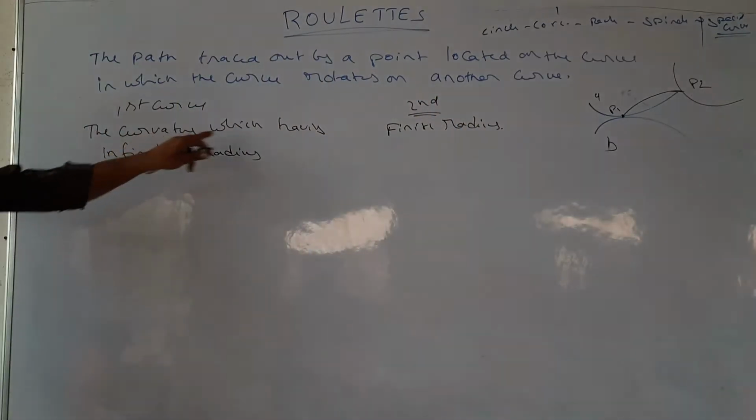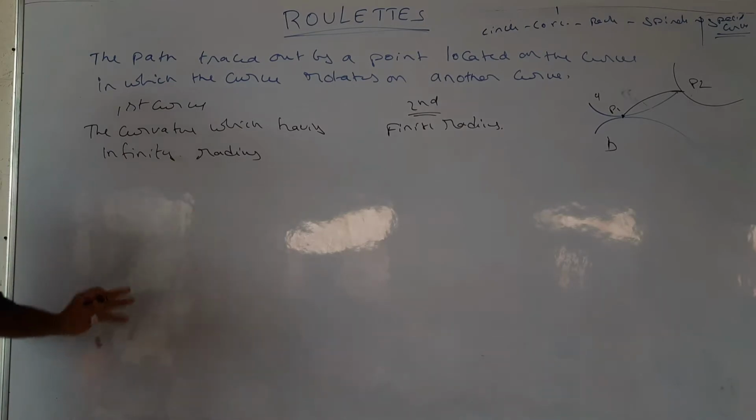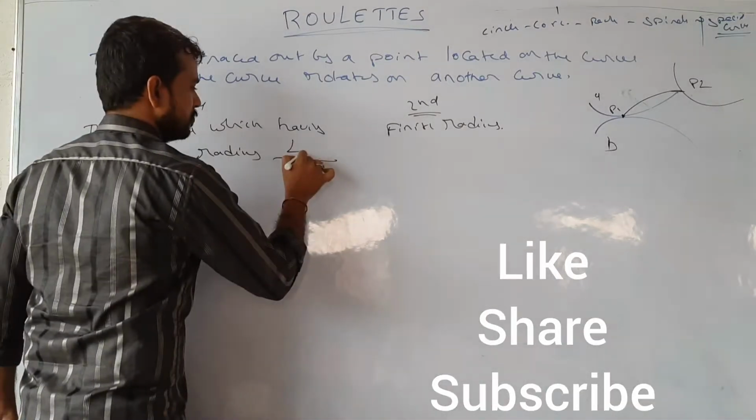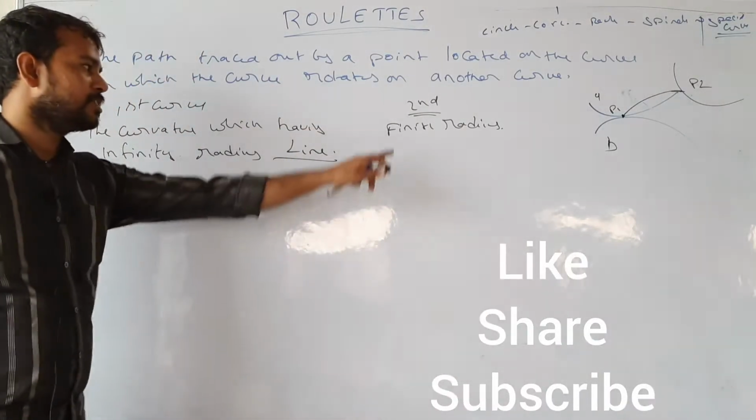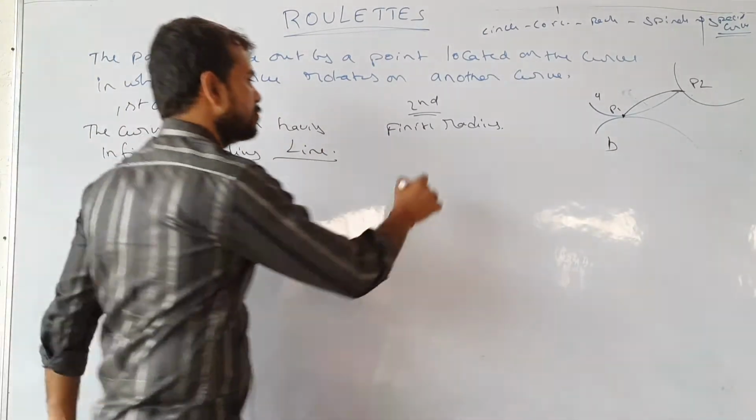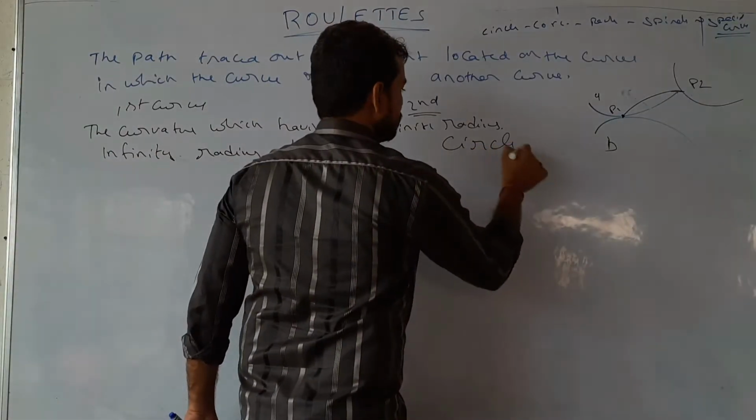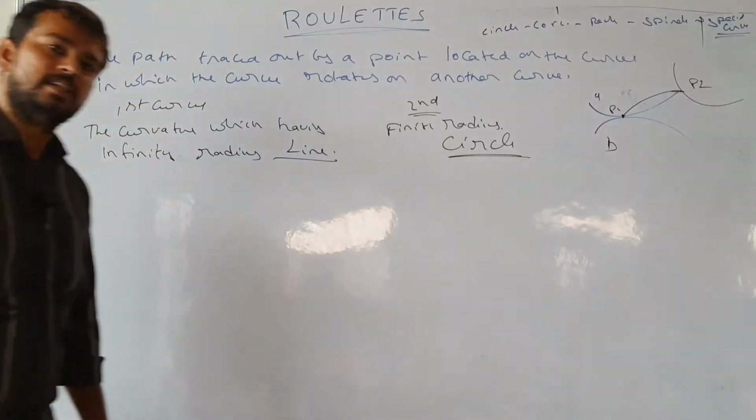The curve which has infinite radius is nothing but a straight line. The curve which has some finite radius is nothing but a circle.